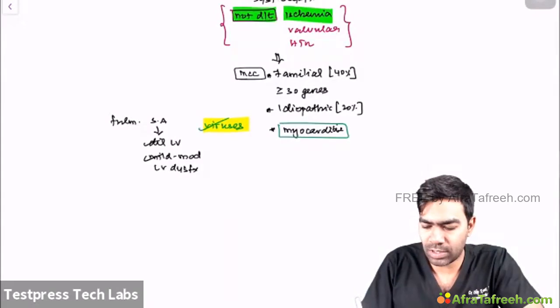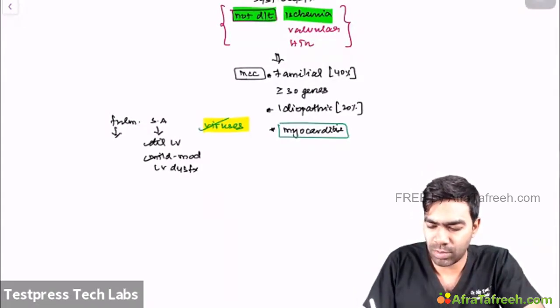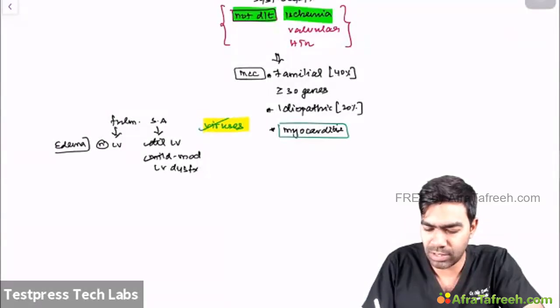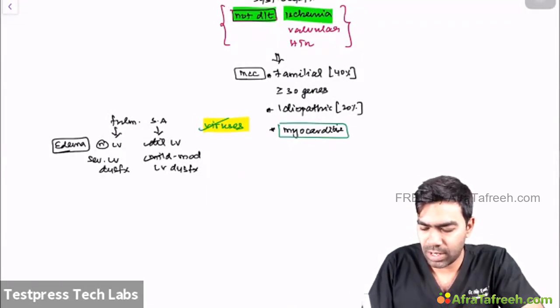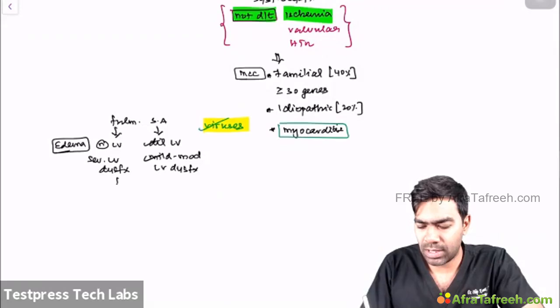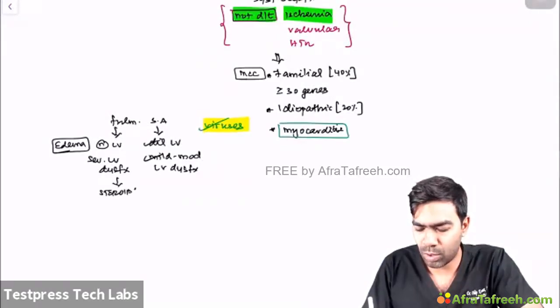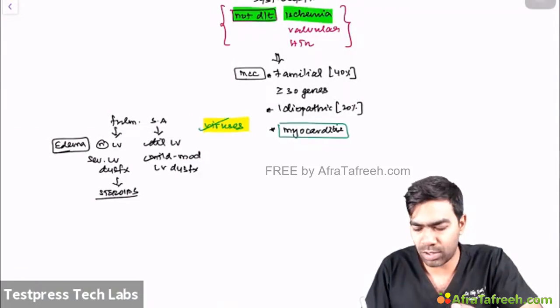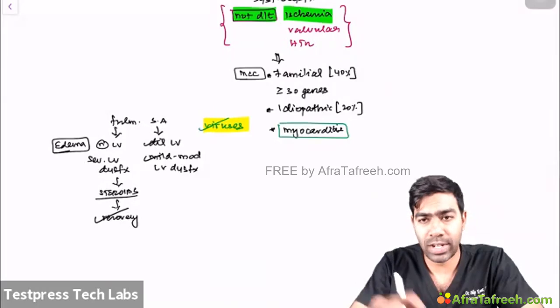Whereas fulminant is going to present with a normal-sized LV, or we can say an edematous LV, but the size will be normal. There will be no dilatation, but they will have severe LV dysfunction. But remember, they will have more inflammation. So you will be treating with steroids more acutely, using a high dose steroid. So recovery will be very good, and the long-term prognosis is very good.